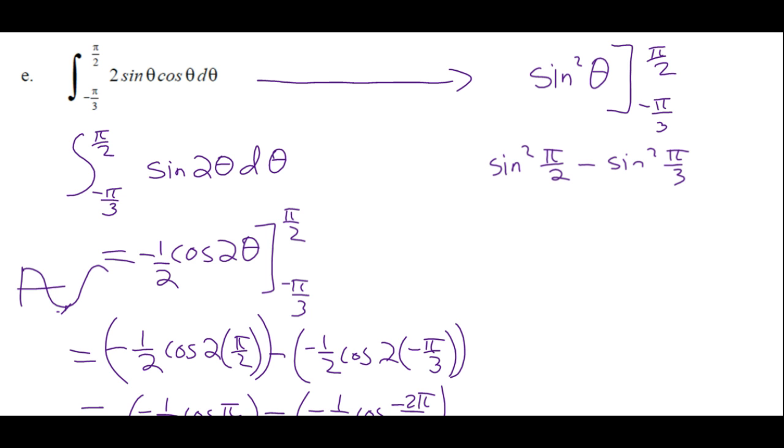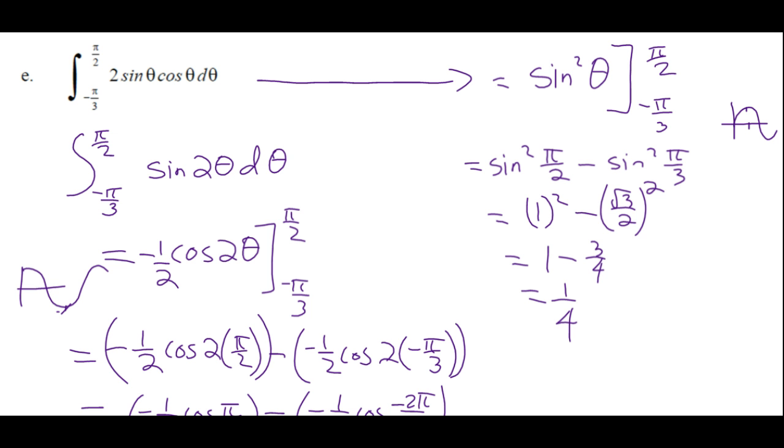So what's the sine of pi over 2? One. And what's the sine of pi over 3? Root 3 over 2, right? So that's 1 minus 3/4, or 1/4.